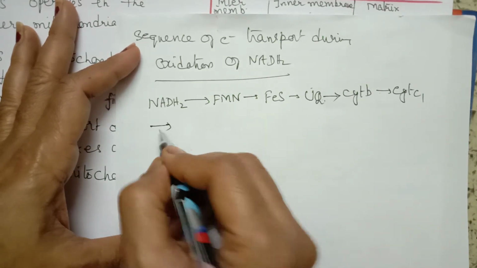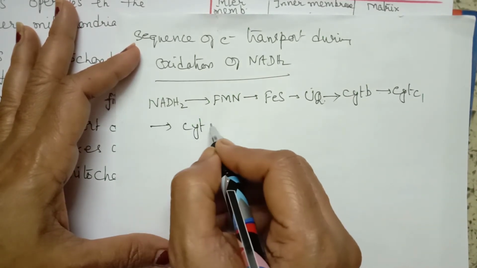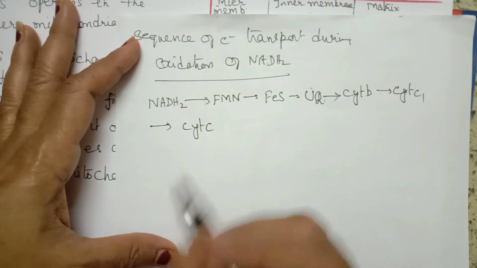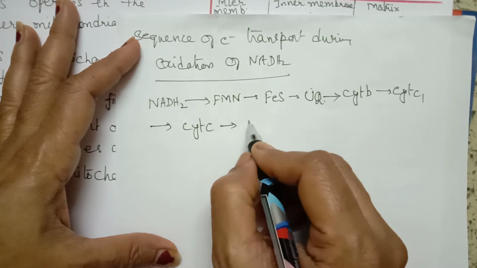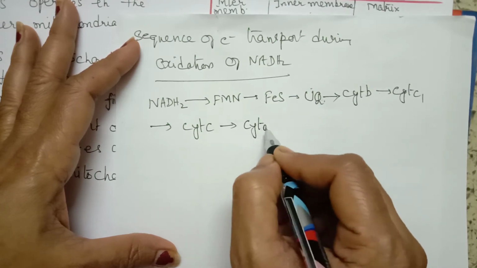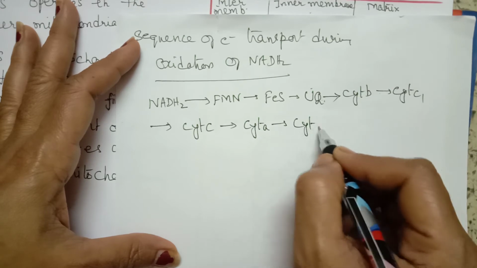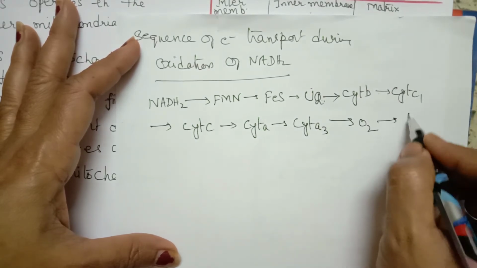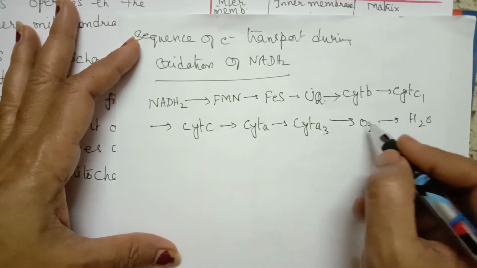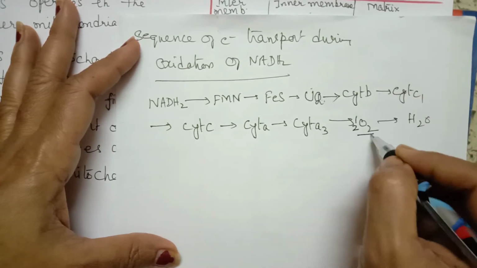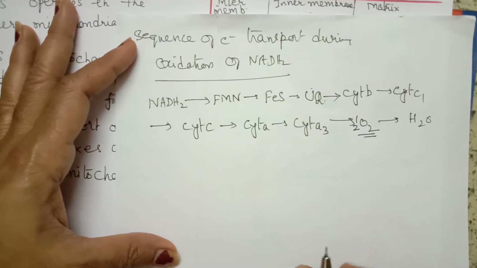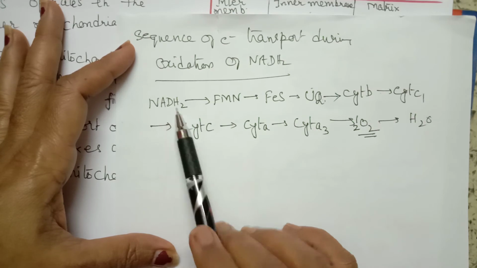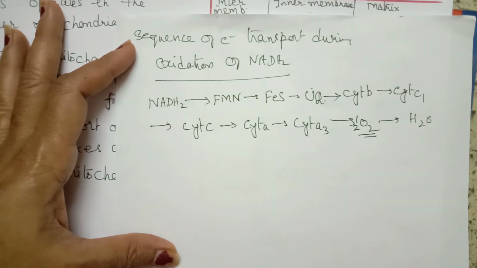From cytochrome C1, it is taken by cytochrome C, which is a mobile carrier. Then it moves to fourth complex, from cytochrome C to cytochrome A and cytochrome A3, finally to oxygen to liberate water. So here I will write half O2 because it is one oxygen atom. This is the path of electron for oxidation of NADH2.